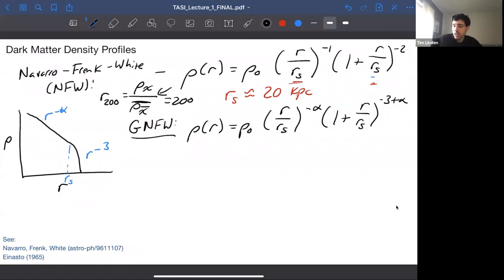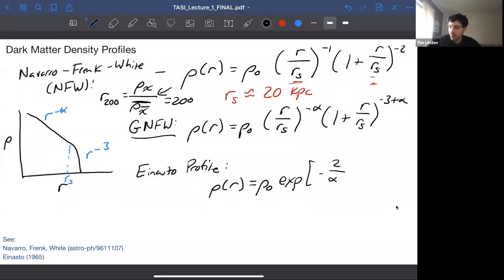So in addition to the generalized NFW profile, there are a couple of different profiles that are also useful. The Einasto profile, from Einasto, I can't remember his first name, is rho of r equal to some rho 0 times the exponential of minus 2 over alpha, which you fit to the data, times (r over rs, the scaling radius) to the alpha, minus 1.